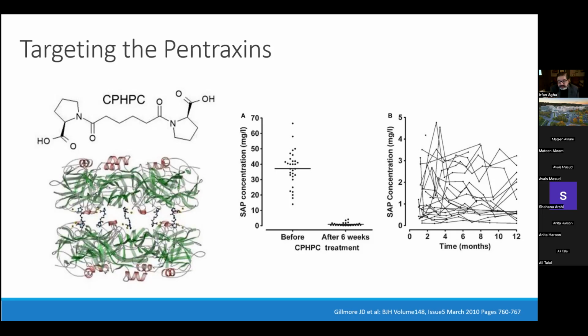Just be mindful of the scales here. So this is a much bigger scale. It drops, and then each individual patient stays within a fairly nice range. So the levels remain quite low, less than 10, as you can see in this graph. So it works in the serum.